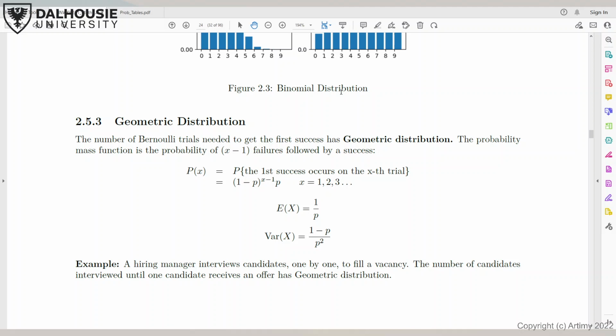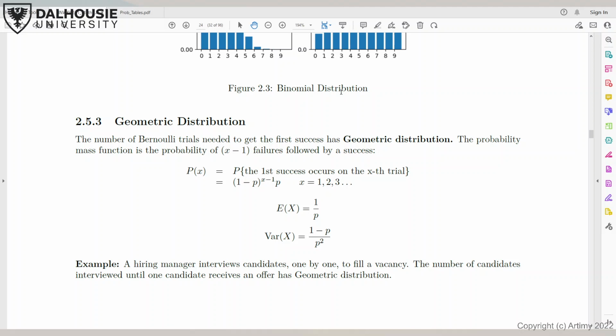The geometric distribution gives us not the number of successes in n trials, but how many trials we need to get the first success. So let's say you are trying to send a packet and the channel has a lot of errors.